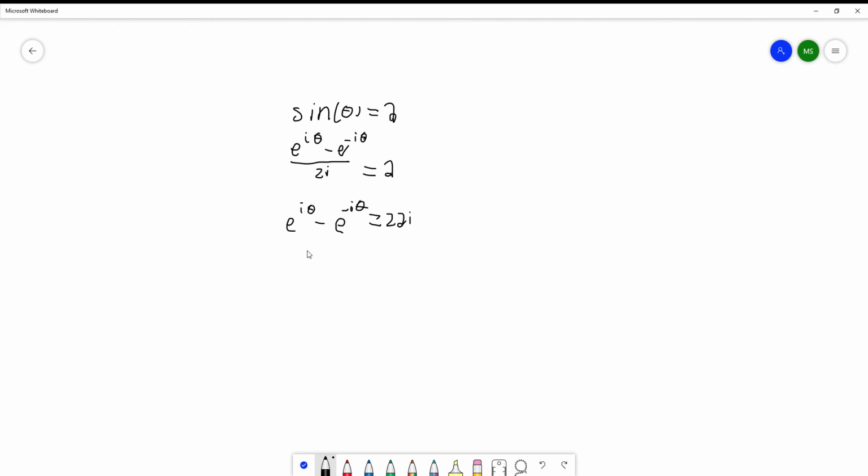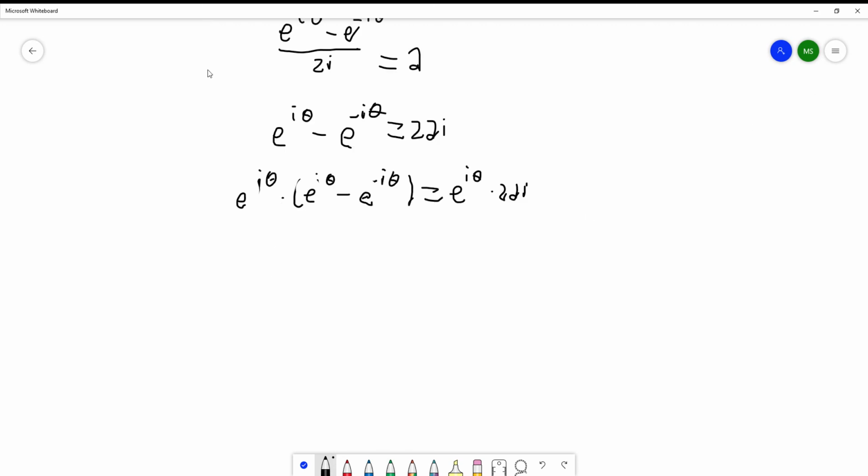Now we can multiply everything by e to the i theta. So we do e to the i theta times e to the i theta minus e to the negative i theta is e to the i theta times 2ai. Now let's multiply this out.